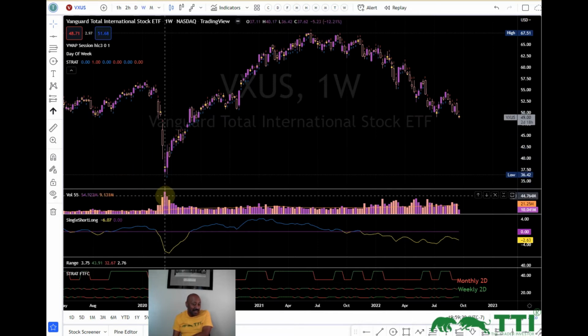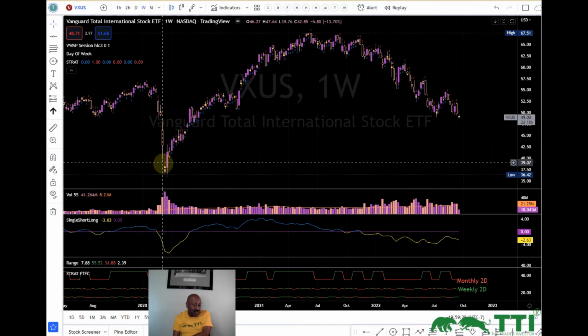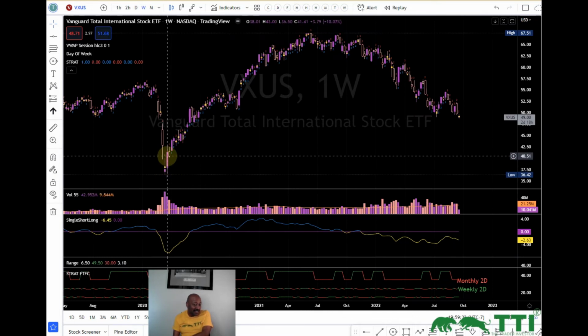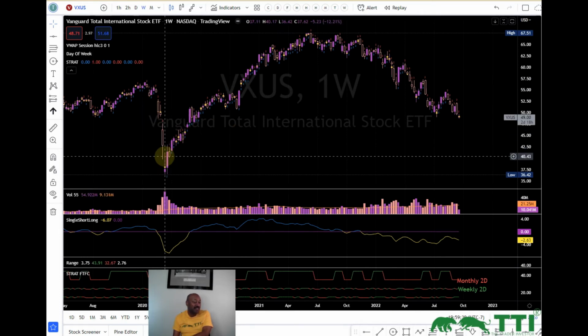But when I see something like this, heavy to the downside, this happens to be up at the end of the day, but it was heavy to the downside, and then the next day is a good volume, then I can say, okay, this is probably a good area of reversal. So that's where volume comes into the picture.